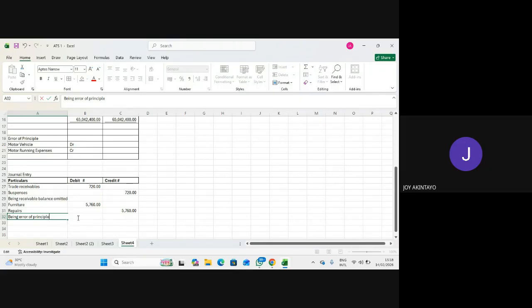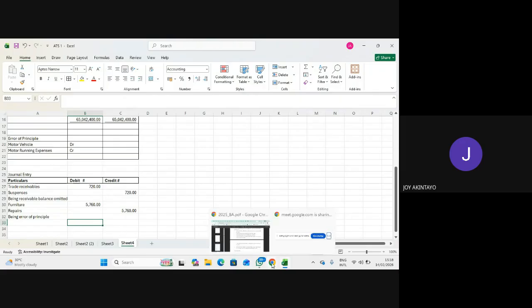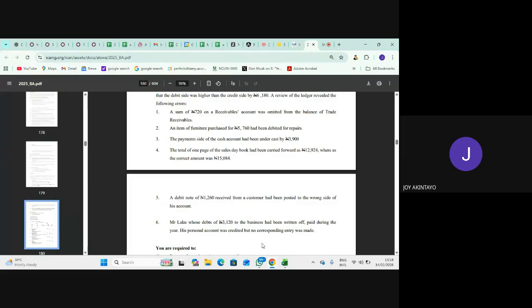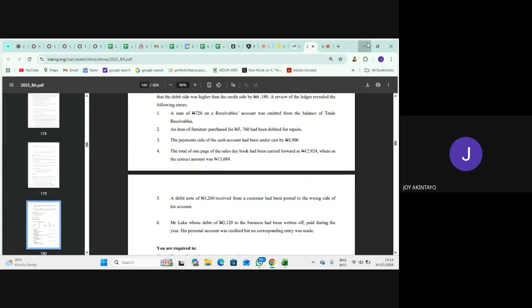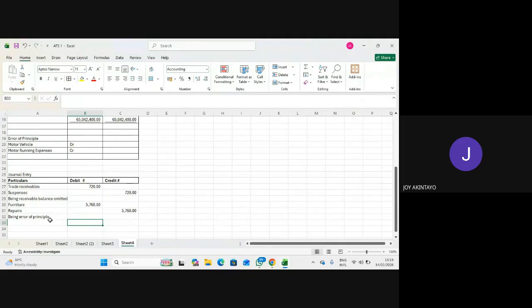Are we together? Let's quickly solve this one more and we'll call it a day. The next one: the payment side of the cash has been undercasted by 3,900. So we credit our cash account with 3,900.